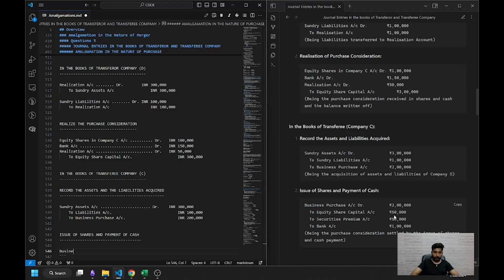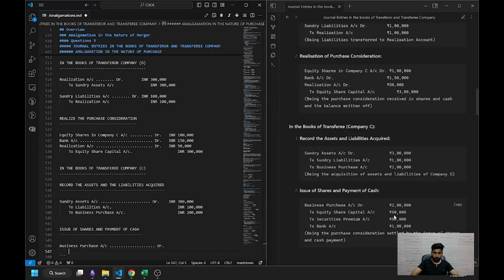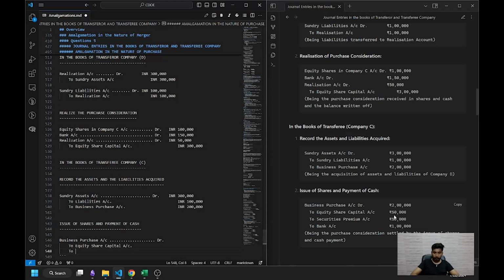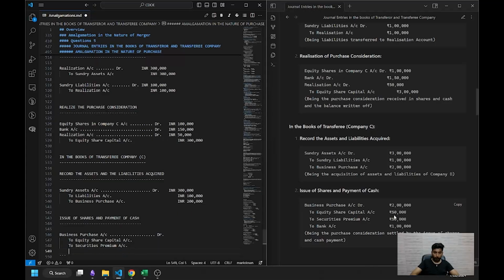For that, the entry will be business purchase account debit to equity share capital account to securities premium account to bank account.